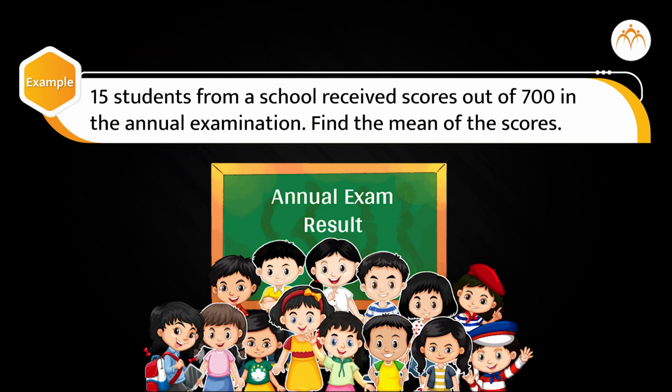For example, 15 students from a school received scores out of 700 in the annual examination.